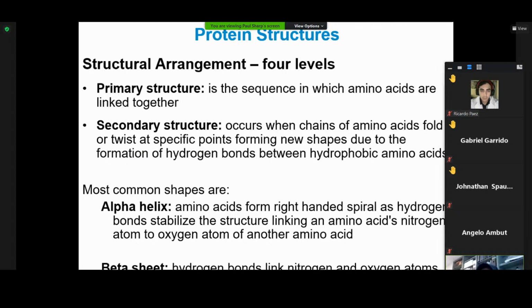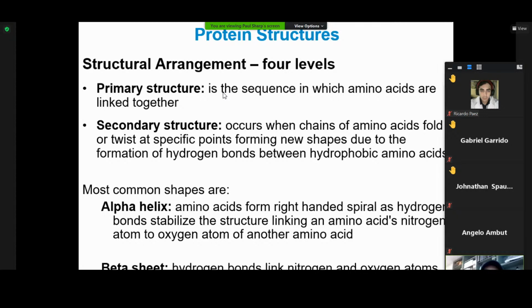So then you might be saying, what the heck is primary structure? Primary structure is the actual sequence of amino acids in a chain of amino acids. Proteins are made out of amino acids, and the actual order of those amino acids, and which amino acid is where in that long chain, is going to determine the structure of that protein.